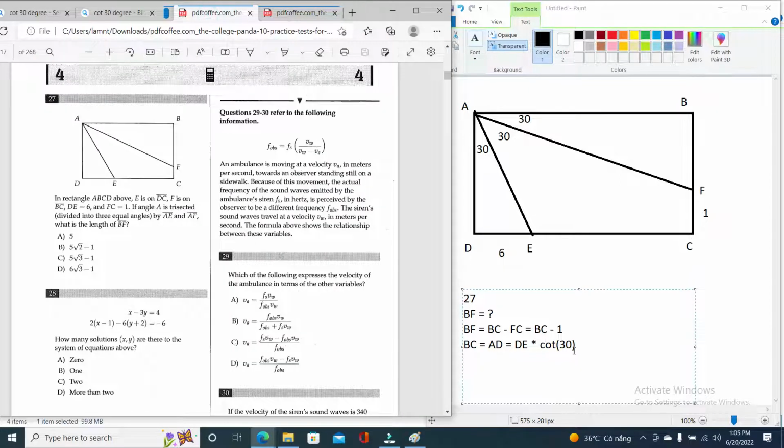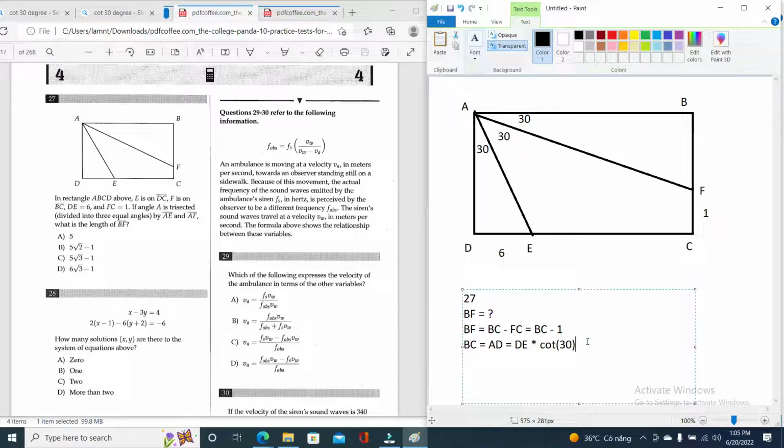So BC is actually DE, 6, times square root of 3. Okay, so actually BF is going to be equal to BC minus 1, which is 6 square root of 3 minus 1.